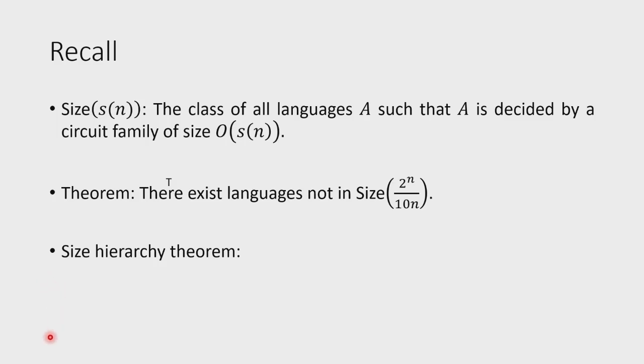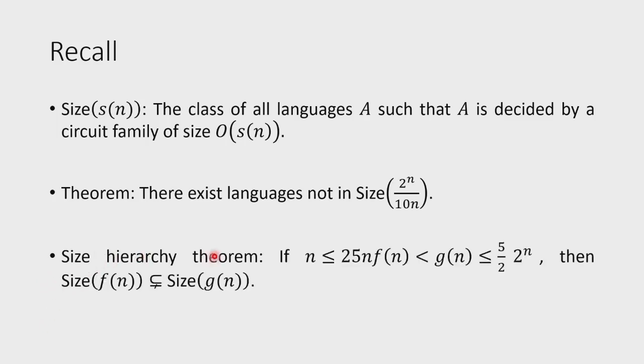Then you saw the size hierarchy theorem, which says that if n is less than or equal to 25 times n times f(n), and this quantity is less than or equal to g(n), which in turn is upper bounded by 5/2 times 2^n, then the class SIZE(f(n)) is strictly contained in the class SIZE(g(n)).